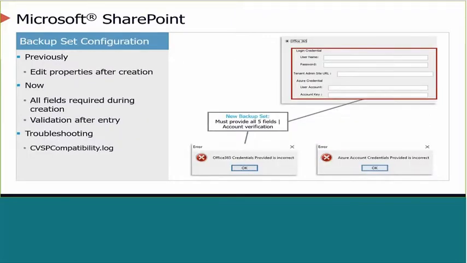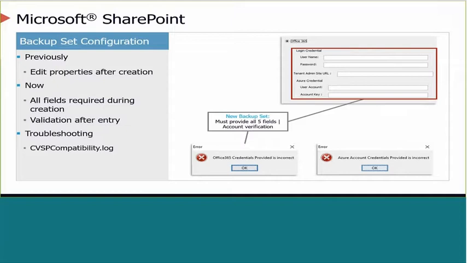All right. There's another thing that's been put in place to enhance the experience with SharePoint Online. So when you create the client, previously, prior to Service Pack 13, you could have potentially done the setup, deployed the agents, and created the client, and then perhaps skipped a step in terms of adding in the credential information.